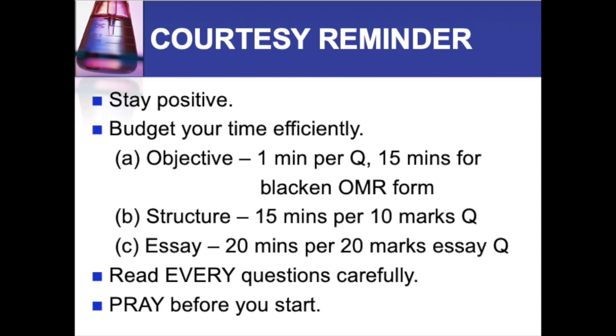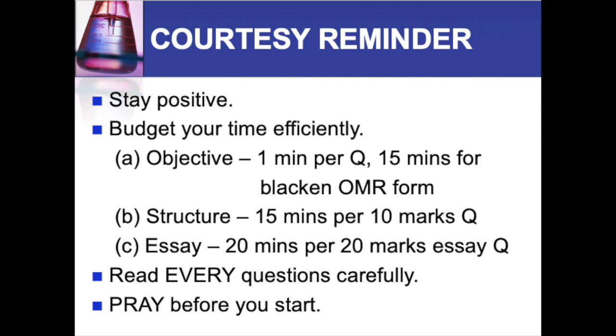During your revision session, make sure you budget your time. Always remember 15 minutes for objective, which is given to blacken your OMR form. So estimated 50 questions, each question roughly about 1 minute. Do this when you are doing your revision.